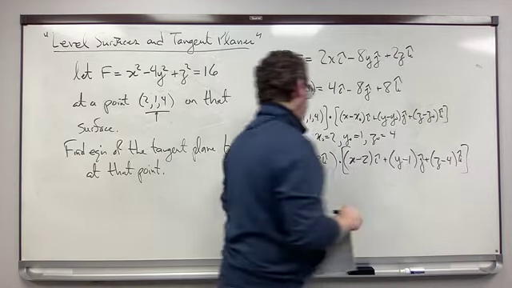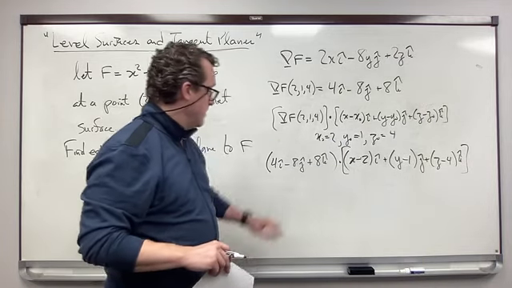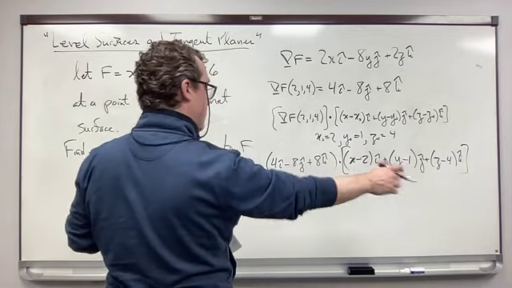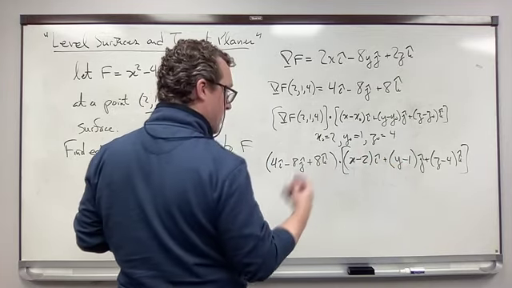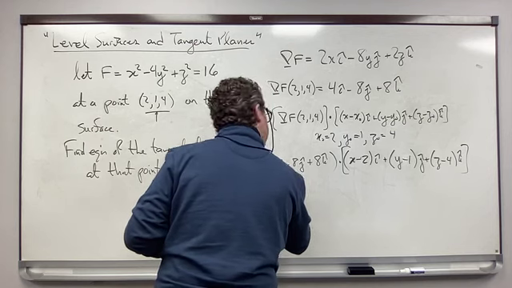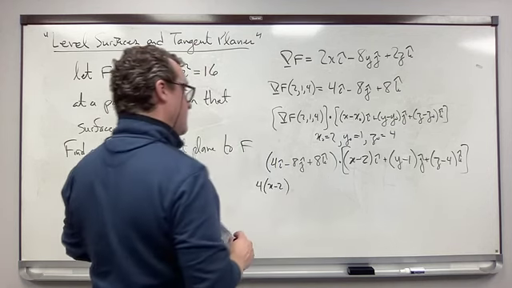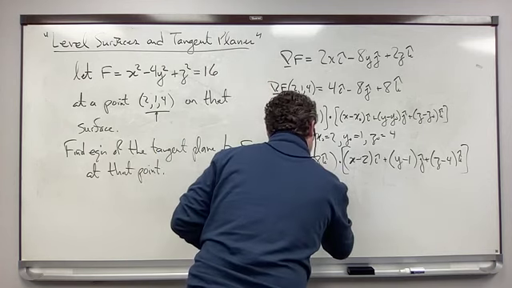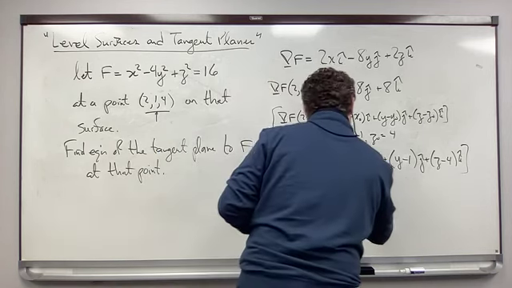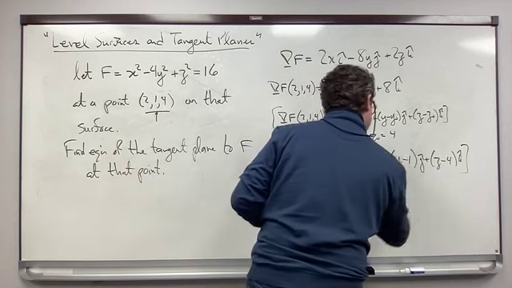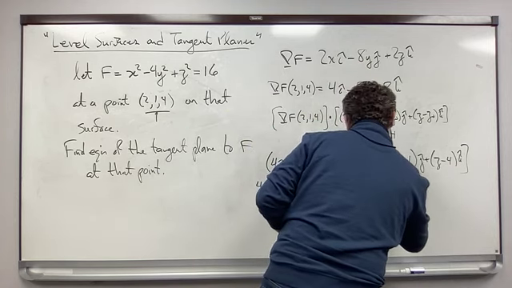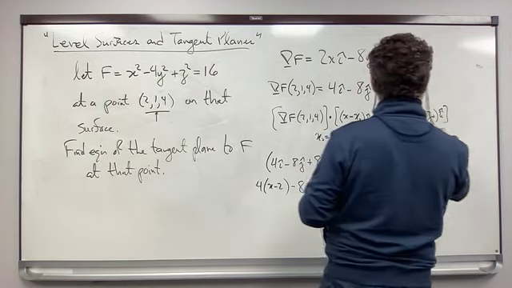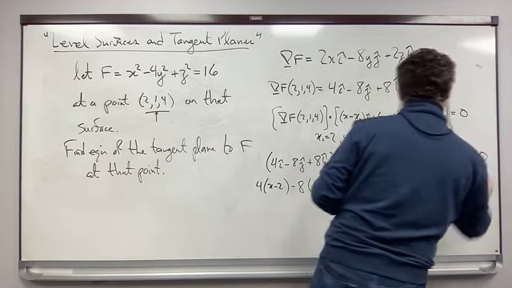Okay. So this is the vector in the plane. This is the vector we know is perpendicular to the plane. And now we just do that dot product. The i's go together, and the i dot j will be 0, etc. So we have 4 times x minus 2, minus 8 times y minus 1, plus 8 times z minus 4, okay, that is 0.